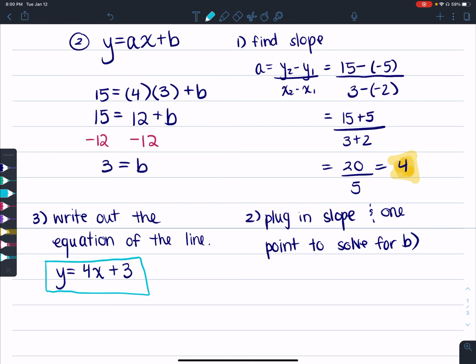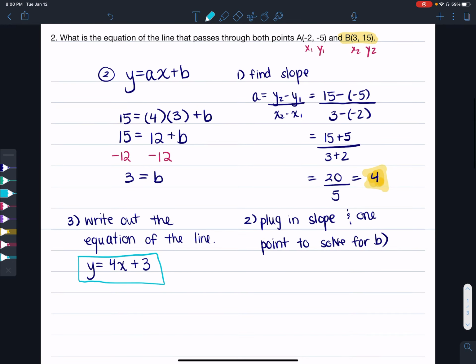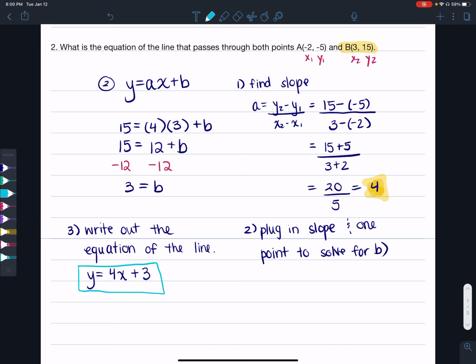And something that I should mention is that when equations are fully written out, the only thing that should ever remain as a letter in the final form of the equation of a line is the y and the x.